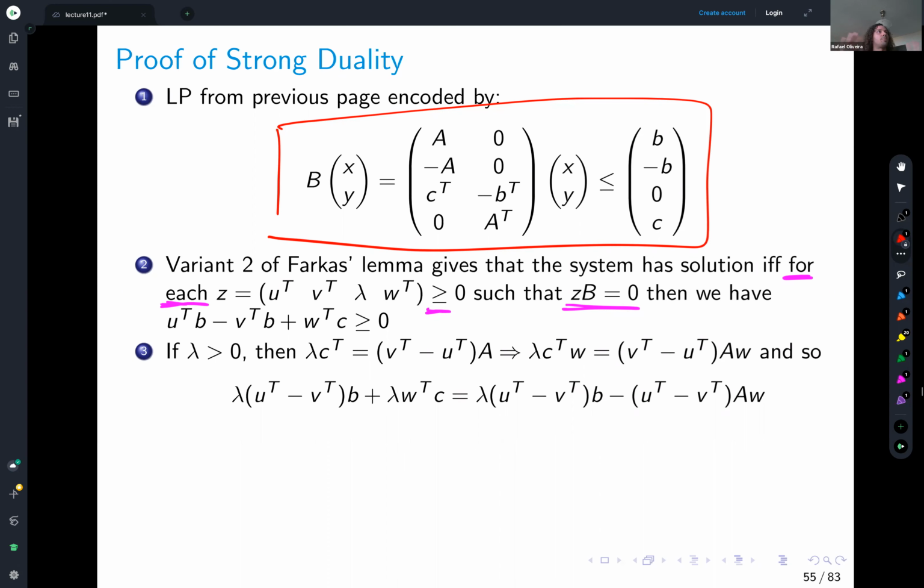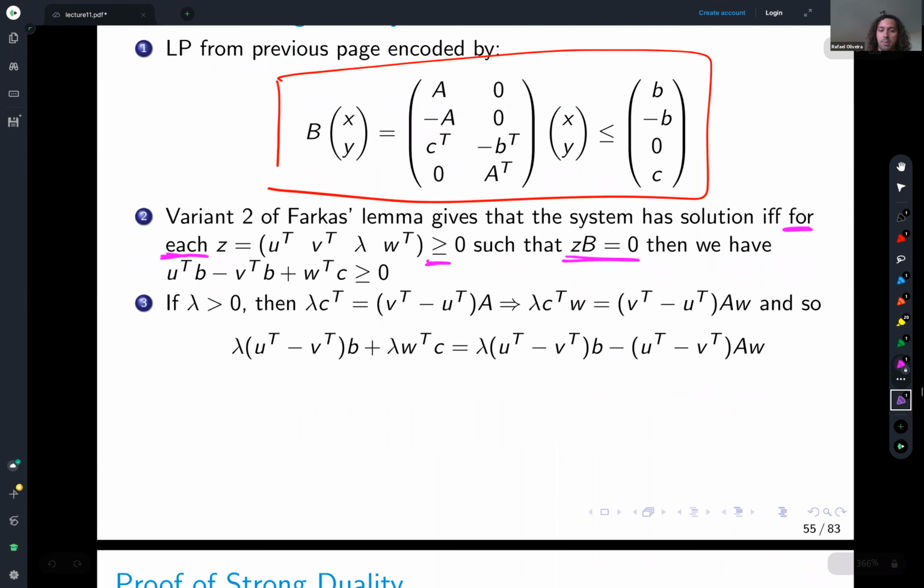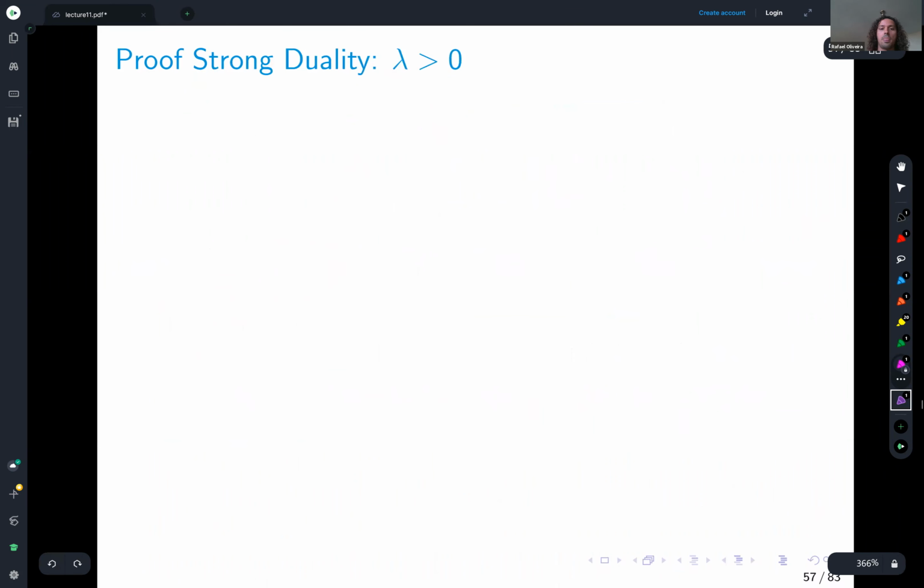This takes care of all the possible solutions. Now, if lambda is bigger than 0, what do we do?